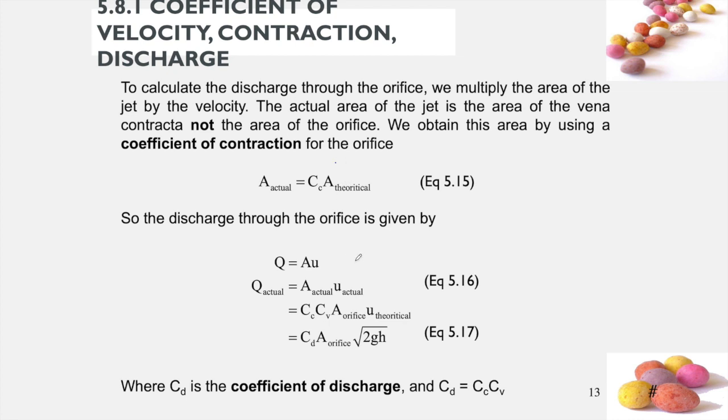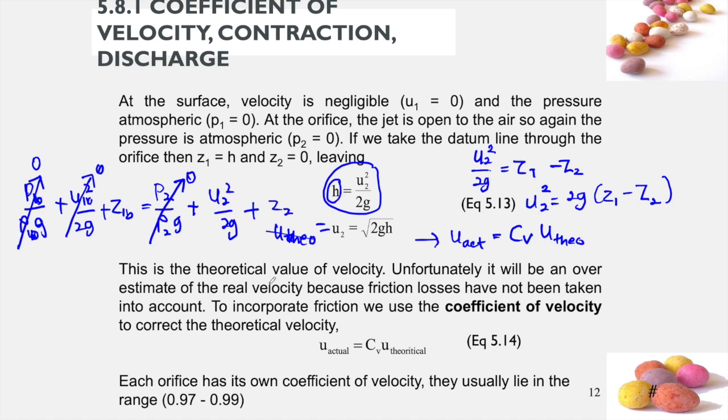Okay, so the discharge through the orifice is given by the equation Q equal to AU. If you are using this equation, you will get Q theoretical. In order for you to get Q actual, you have to substitute A actual and U actual.